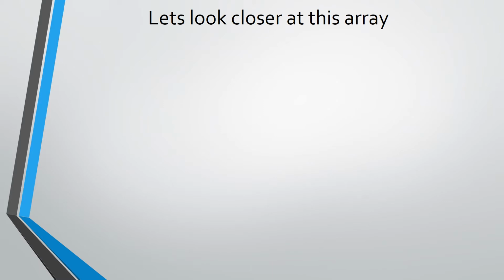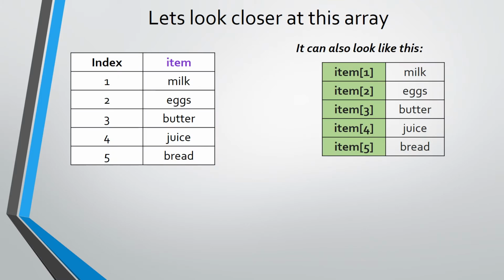So let's take a closer look at this array. I showed them the array in a different format, but I made sure to highlight that the index is still there, the 5 locations are still there, and the 5 items are still stored.